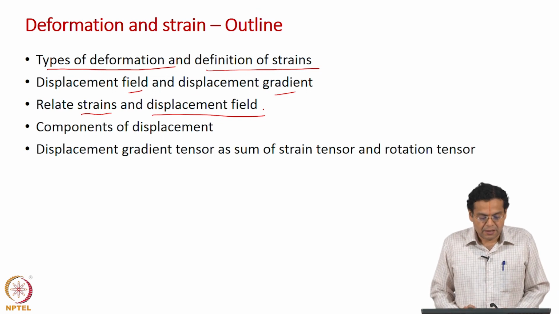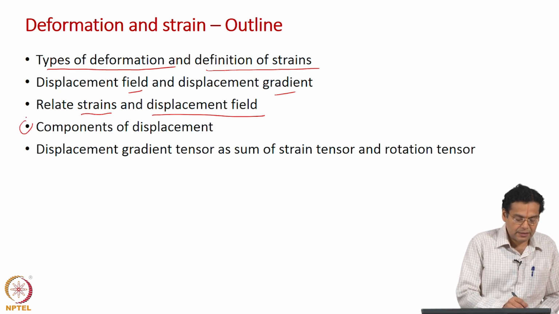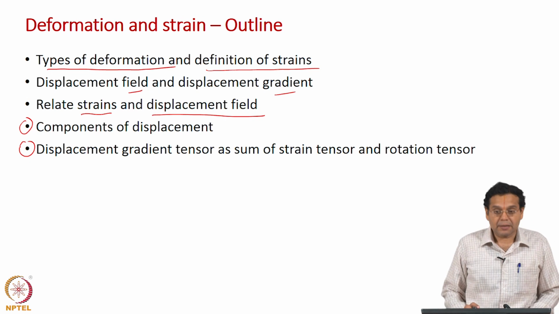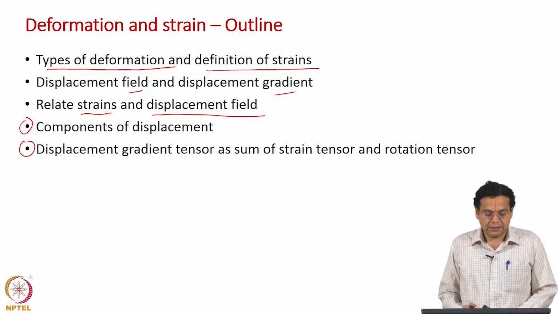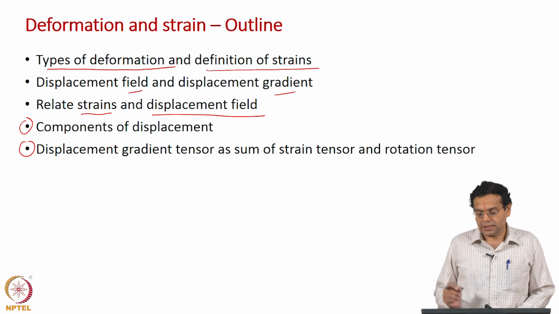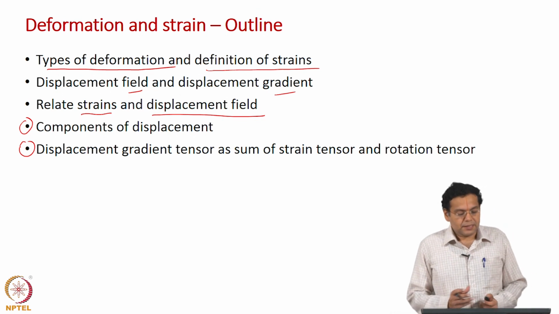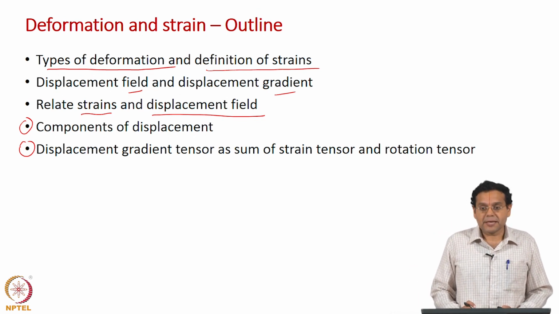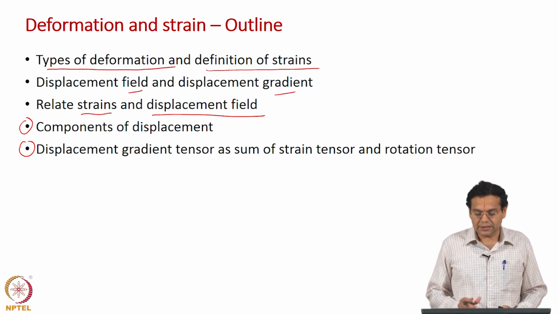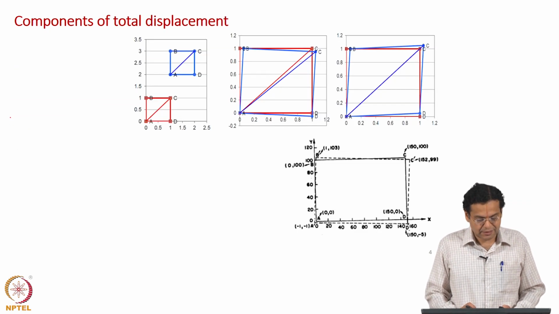Now, we are going to look at the last two bullets, namely components of displacement, and as a result of that we will show that the displacement gradient tensor is the sum of two other tensors, namely the strain tensor and the rotation tensor. The motivation for splitting this displacement gradient into strain and rotation we will discuss later towards the end of this lecture.